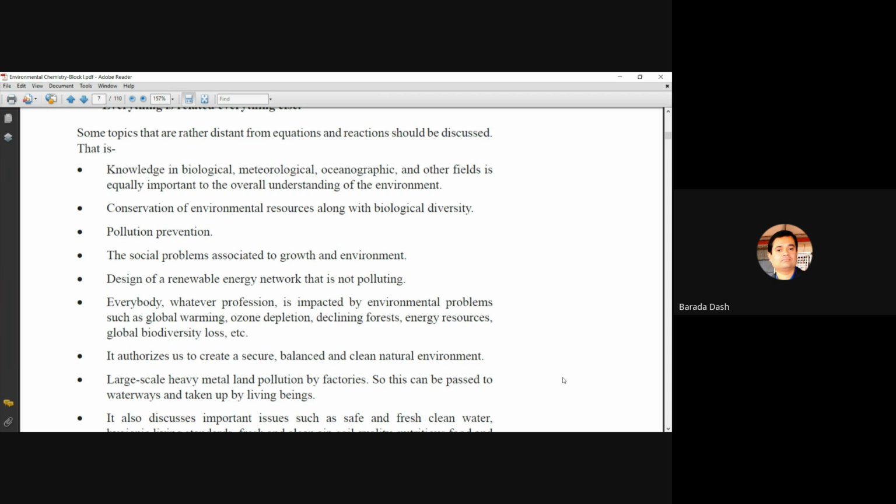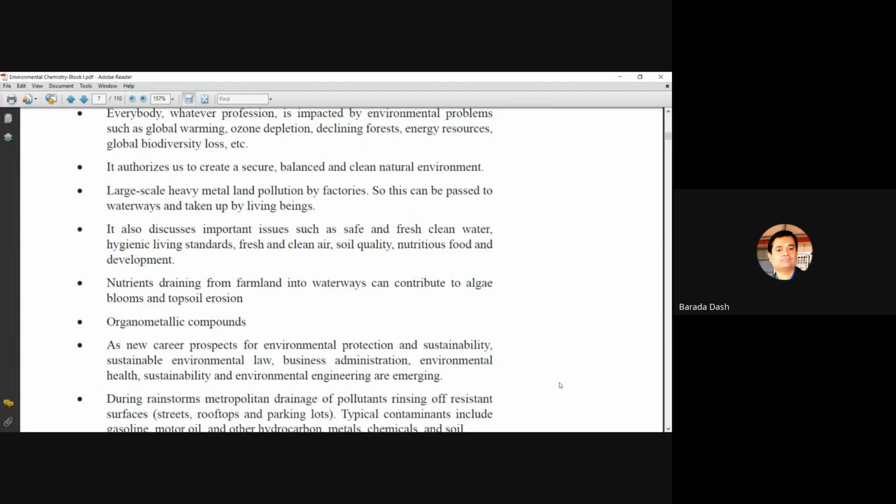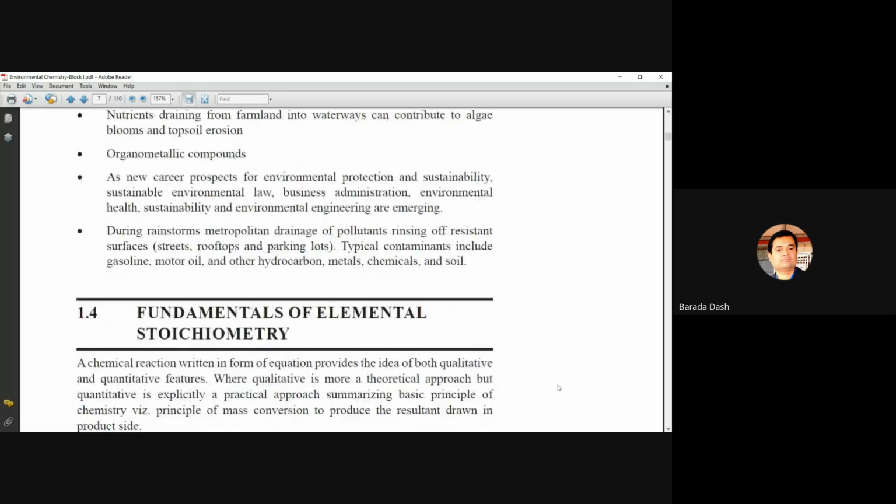Everybody, whatever profession, is impacted by environmental problems such as global warming, ozone depletion, declining forest and energy resources. So all of these things collectively can be classified as environmental chemistry. Nutrients and organometallic compounds, environmental protection and sustainability, environmental law, business administration, all those things.